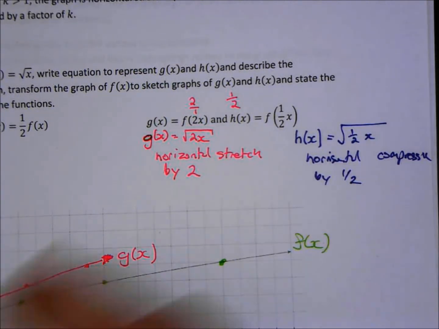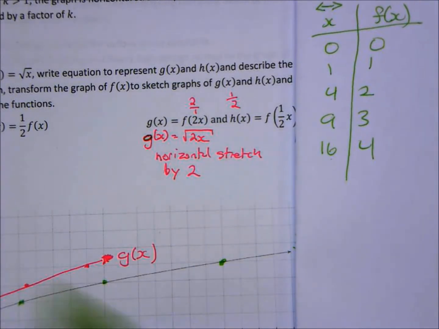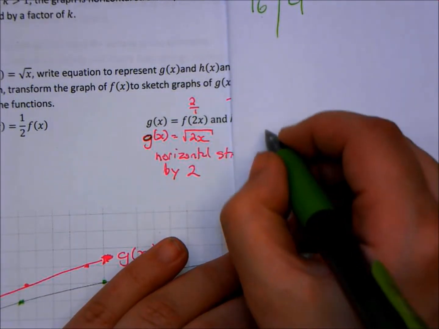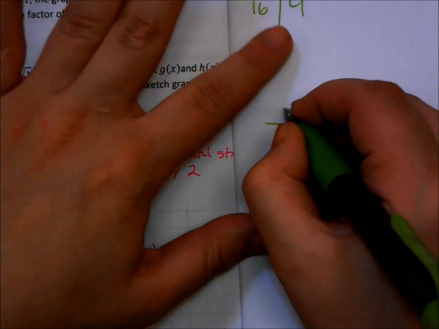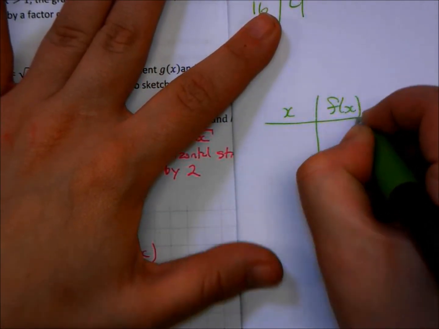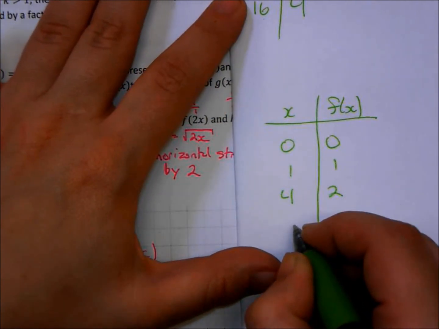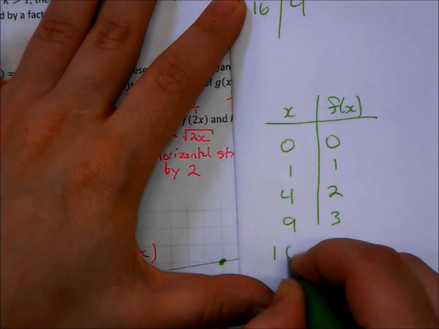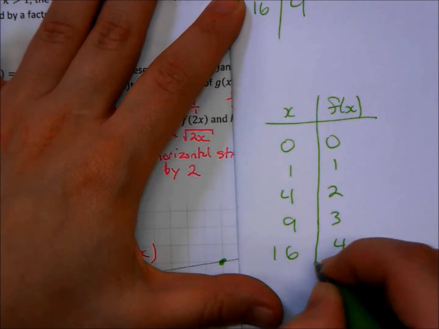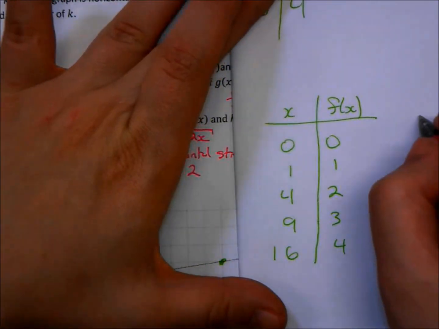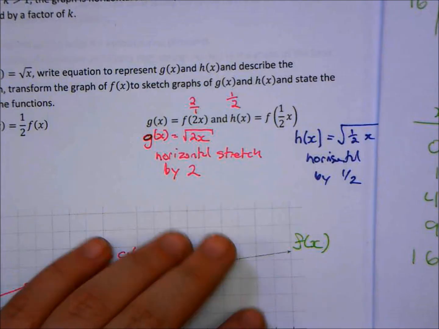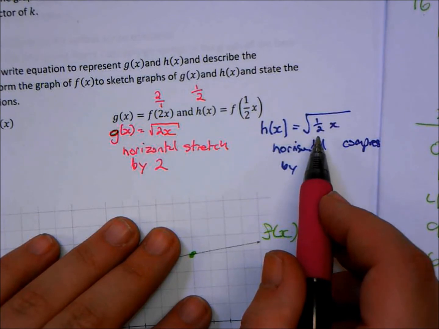So to do this, we're going to take our same base function, our same original function, x versus f of x: 0, 0, 1, 1, 4, 2, 9, 3, 16, 4. And we're going to change it. In this case again, we've got a k term.